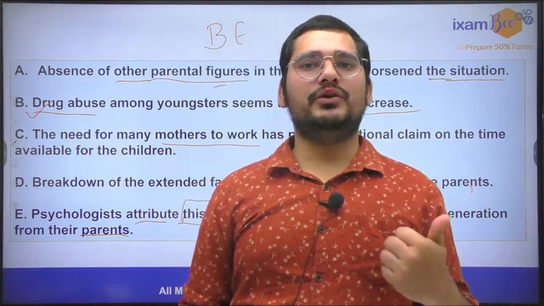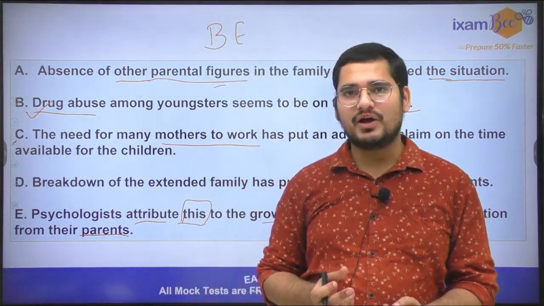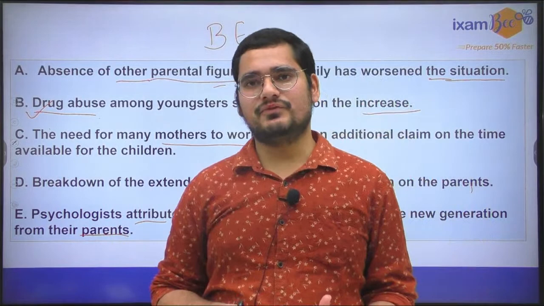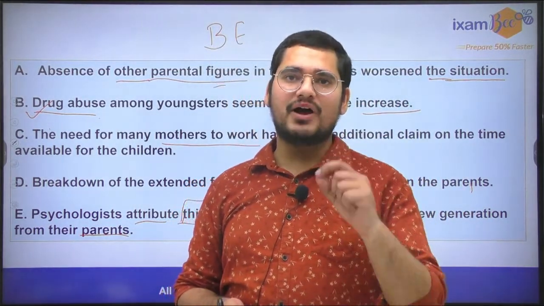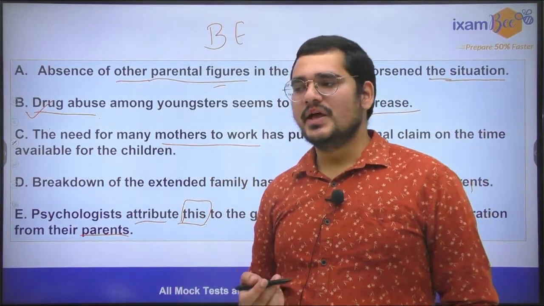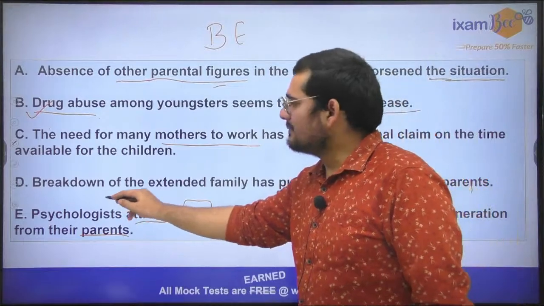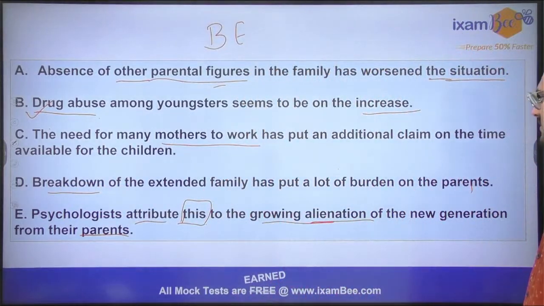Because previously we used to live in a joint family. If there are more members in your family, it is easier for you to spend time with one another. But now we have small families, with only 4 or 5 members. So it happened because of the breakdown. So breakdown of the extended family has put a lot of burden on the parents.